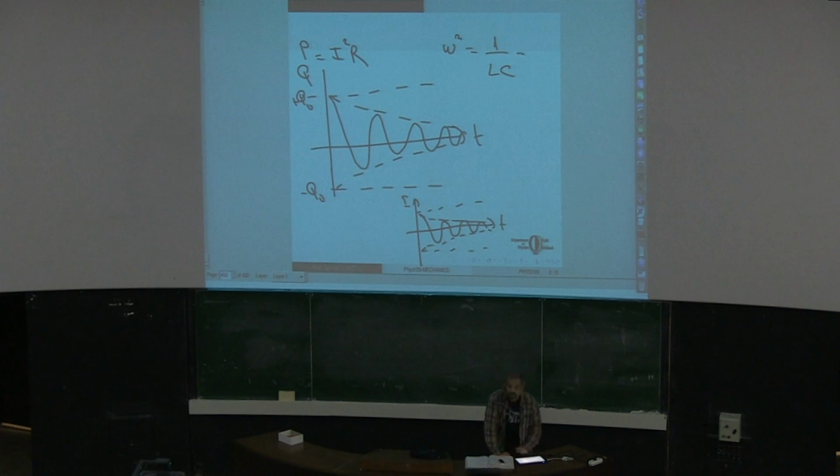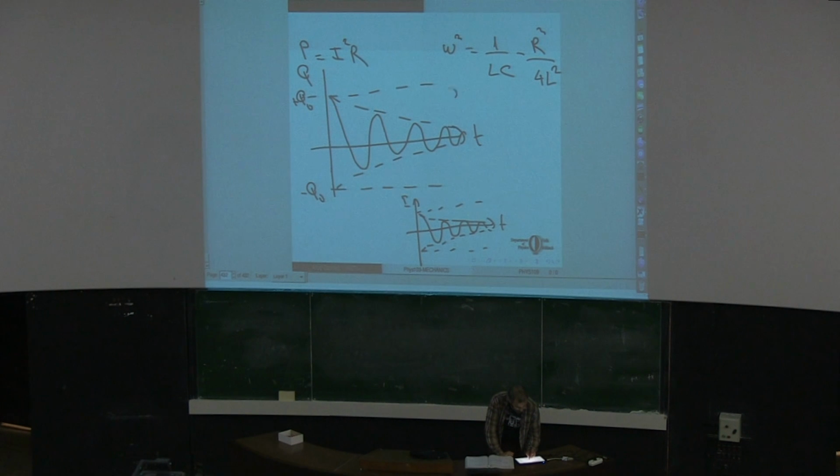So if there is a resistor in the circuit, this is the new frequency. It will be slower, mainly because the resistor will slow down the process a bit, so it will take a longer time to complete one full cycle. That's why it is slower.